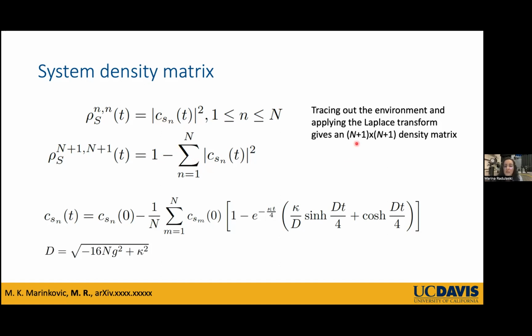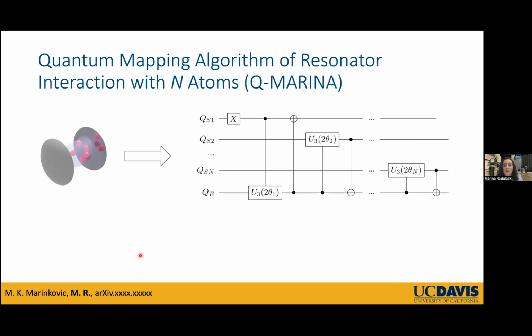And we solve using Laplace transform, we solve for these terms, and they are dependent on n, g, and kappa. So the number of emitters in the cavity, their coupling to the cavity, and the loss of the cavity. Okay. So now in the next step, we devise a quantum circuit that will map our Tavis-Cummings dynamics onto n+1 qubits.